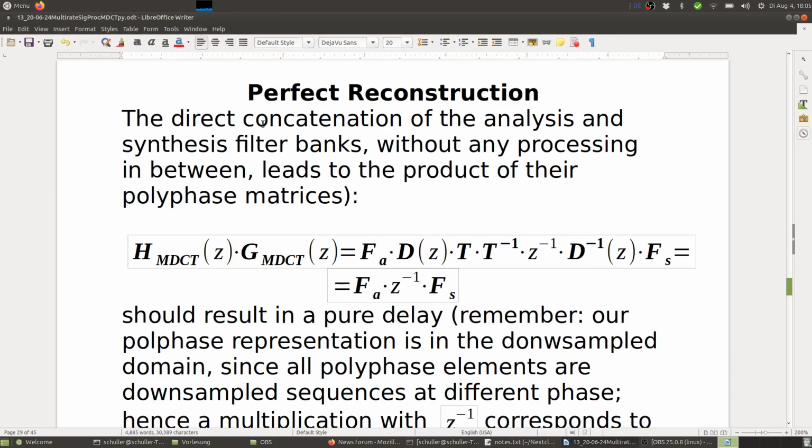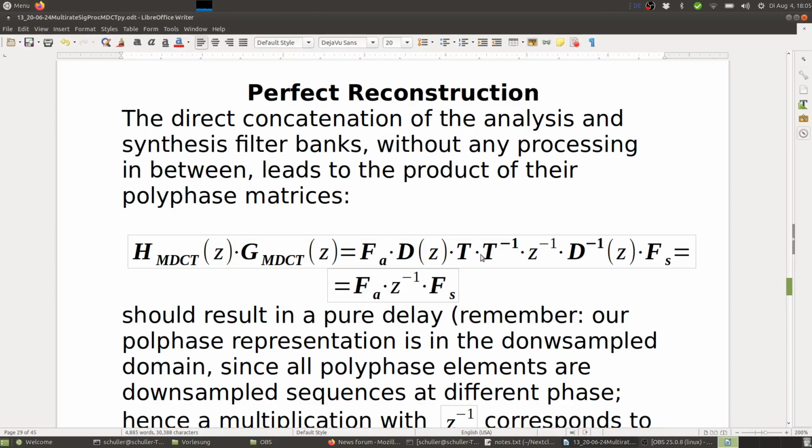So this leads us to perfect reconstruction. The direct concatenation of the analysis and synthesis filter banks without any processing in between leads to the product of their polyphase matrices. Right, so this is what we get. H_MDCT times G_MDCT. So this is basically the polyphase matrix over the entire sequence, analysis and synthesis.